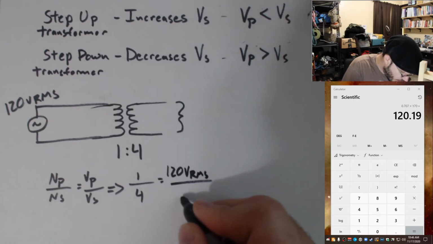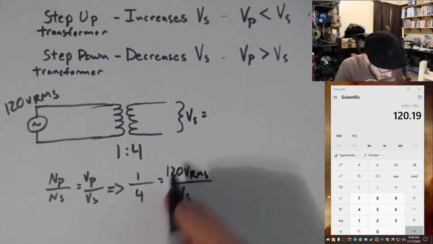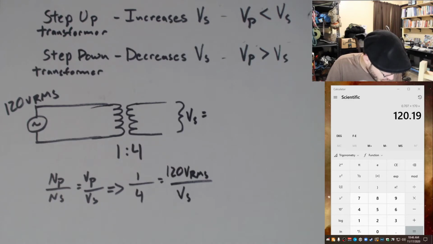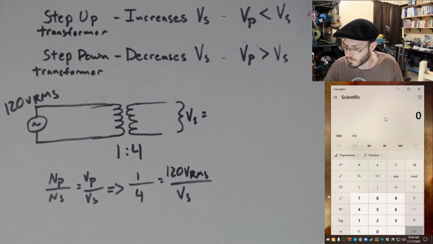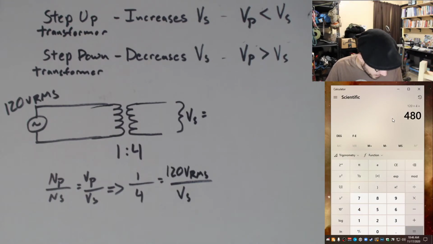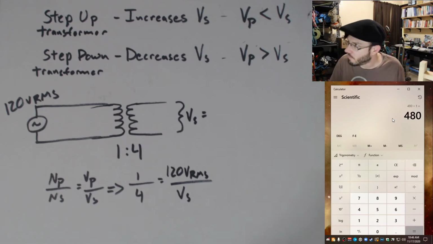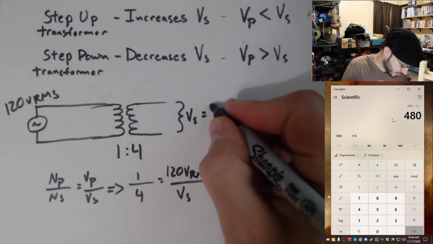And then what's V sub S? Well, 120 volts times 4 gives me 480, and divide that by 1, and I get 480 volts.